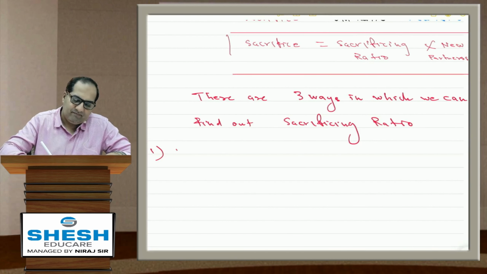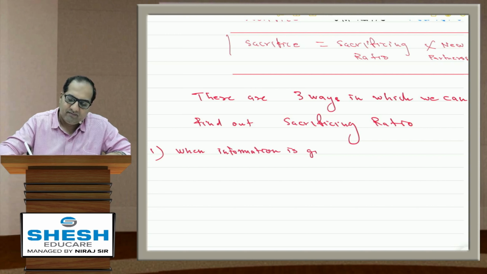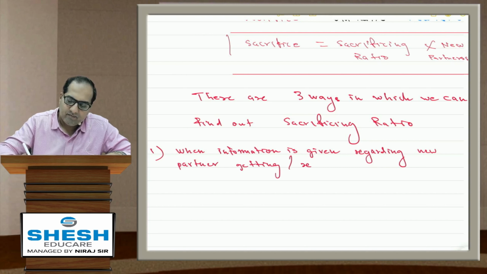Number one, when information is given regarding the new partner getting, receiving his share from old partners. Direct method.